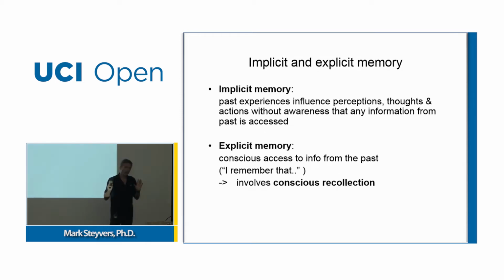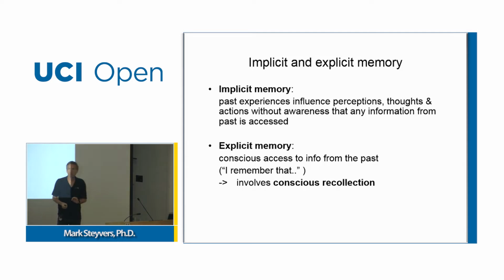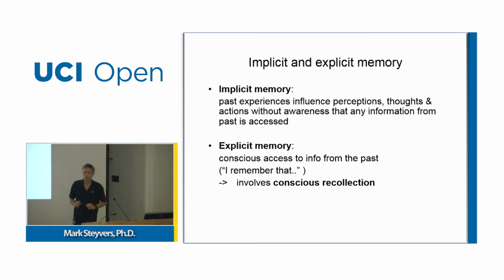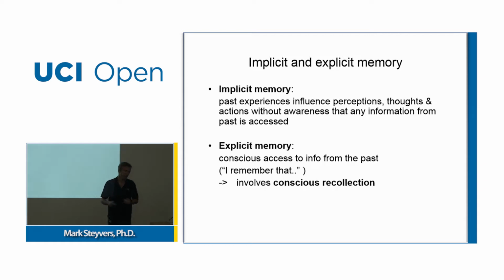All right, this is one of the most important distinctions during this lecture: between implicit memory and explicit memory. So implicit memory is where your past experiences influence you, but you might not be aware of it. So you have some memories in your long-term memory.